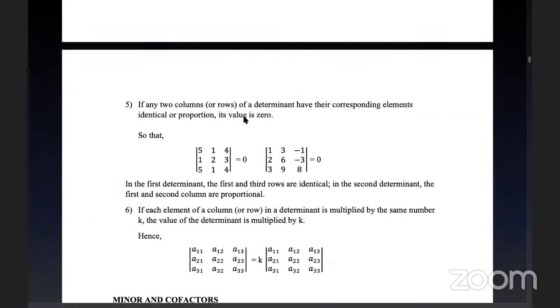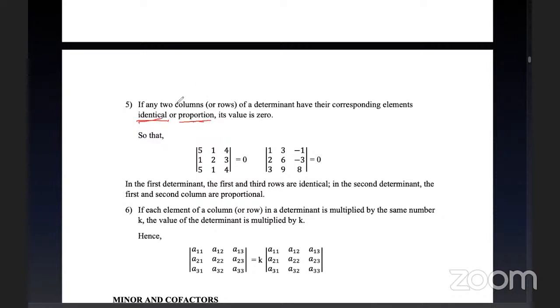Number 5, if any two columns or rows of a determinant have their corresponding elements identical, ito naman, pagtandaan. Papansin mo, di ba, pareho pala sila ng value. Identical or proportion.